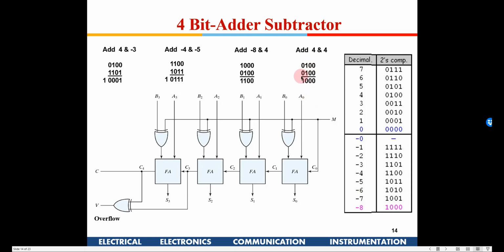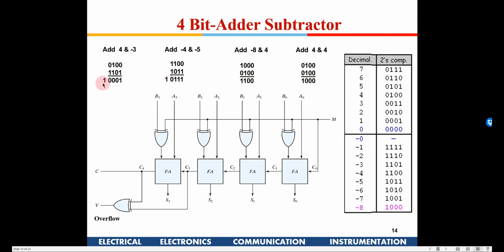So 4 plus 4 will give 1 0 0 0, which is minus 8 actually. So this is also a wrong answer. If I just look at only the carry, then I cannot say whether there is overflow, because here there is no overflow, there is an overflow here. So just looking at the carry, I cannot say.